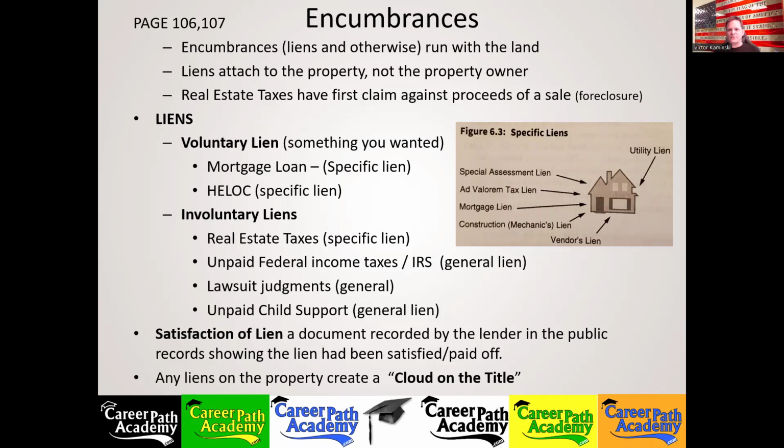You make an offer of $300,000. The house will appraise for it, but there's also a $50,000 lien on the property that the seller doesn't want to clear up. Would you want to buy this house now for $300,000, knowing that there's a lien of $50,000 attached to it that you would have to pay off, or that could be enforced by foreclosing on that house that you just bought?